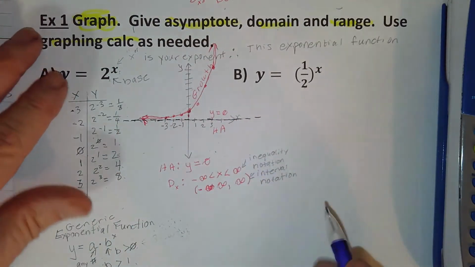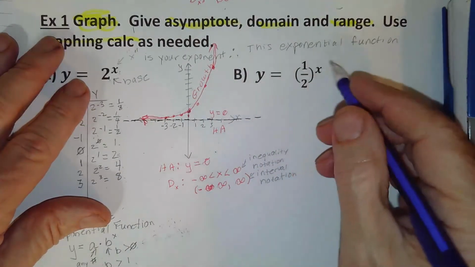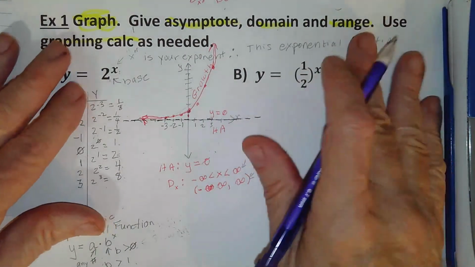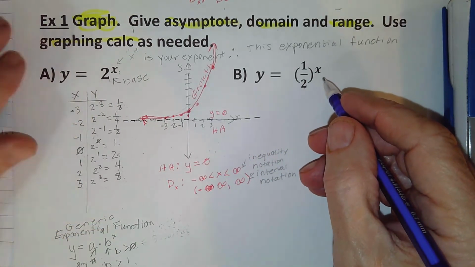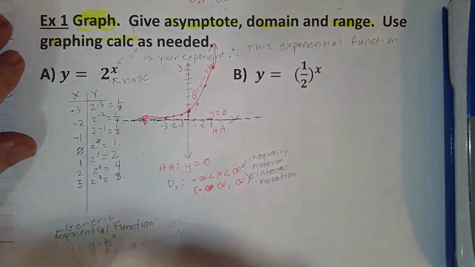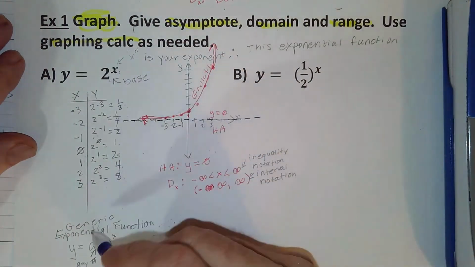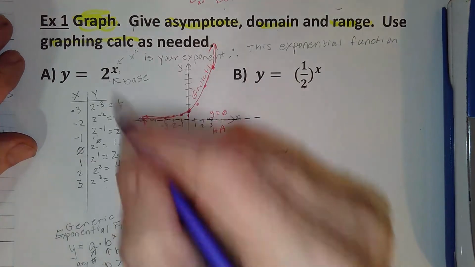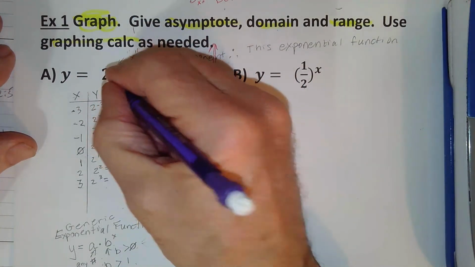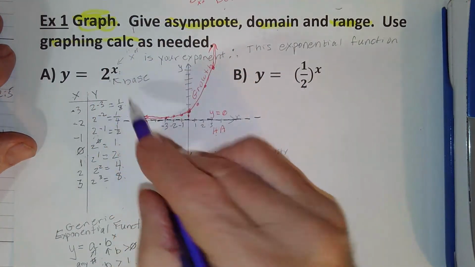All right. Now, let's look at the second one over here. So we're going to do the same thing. One other quick thing. We said a times b to the x. A is any number. I was going to tell you, hey, what's going on here? Why do we only have a 2 here? Just the base. That's the b.